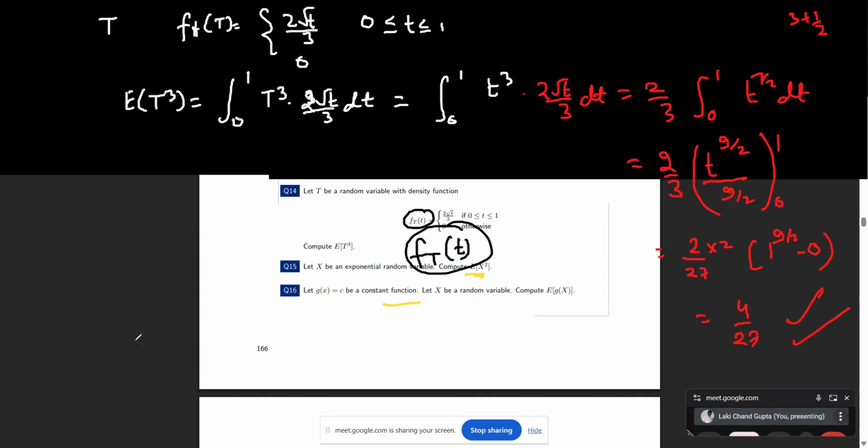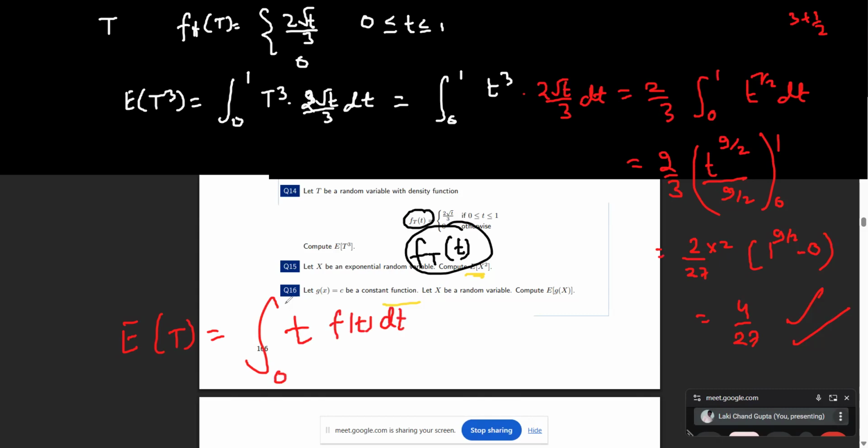But if I ask you what is the value of E(T), I am basically asking what is the mean of this variable. You understood how I solved this? E(T) is the expected value. You can see t into f of t.